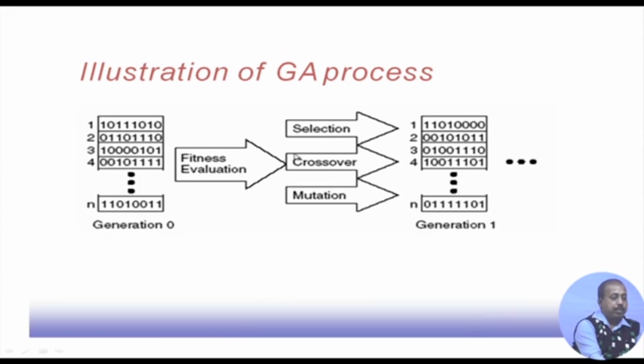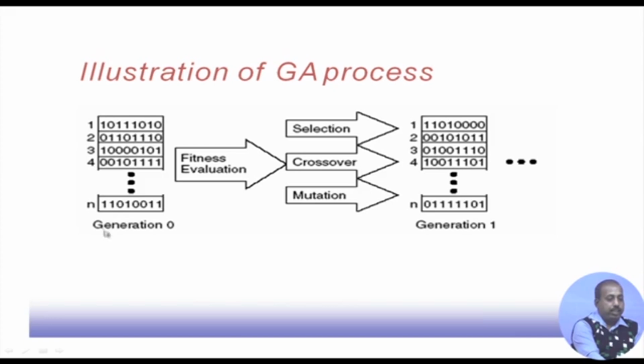Now, there are three operators, as we have said: selection, crossover and mutation. Based on the fitness values of the individuals in generation 0, these three operators create a new population. It may select some of them from this existing population, or it may generate some new population, and accordingly it comes to generation 1.